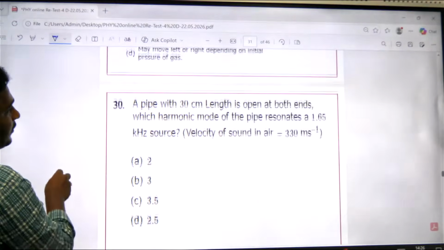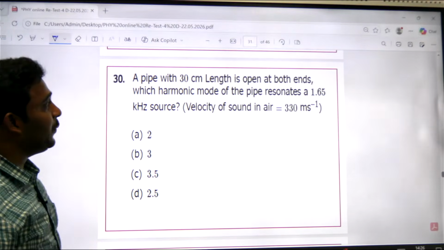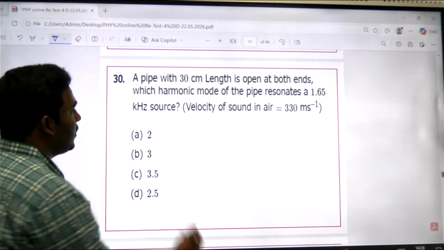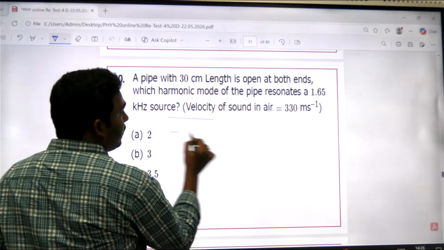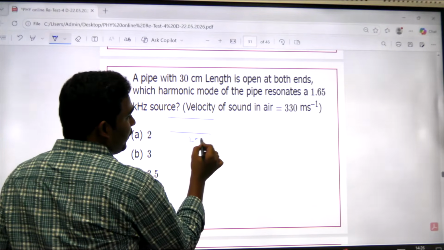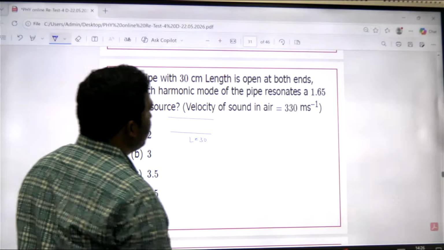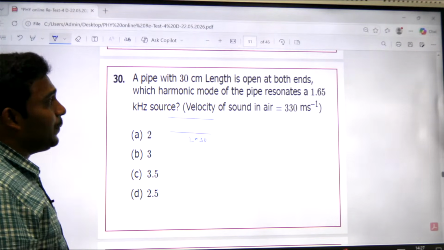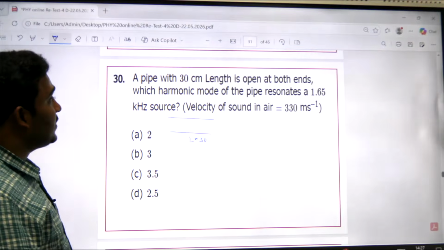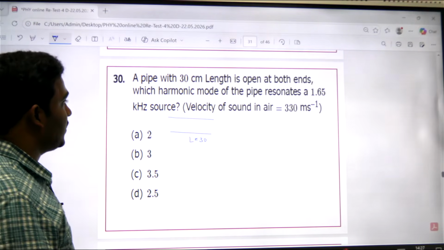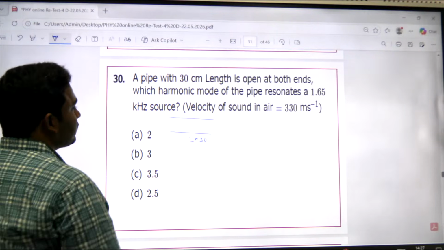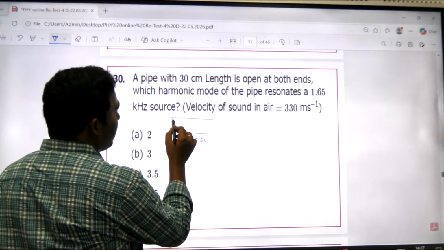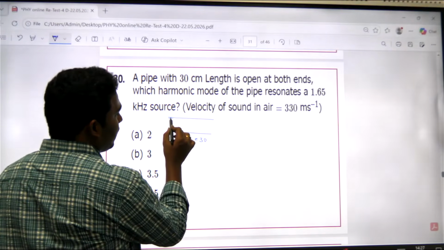Question number 30. A pipe with 30 centimeter length is open at both ends. So he's talking about the length of the pipe, 30 centimeter, open at both ends. Which harmonic mode of the pipe resonates at a 1.65 kilohertz source? So can I simply say like the fundamental harmonic?